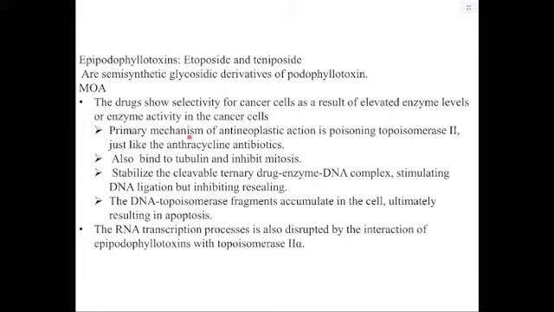So again, we are saying these drugs are specific for specific enzymes. They bind those enzymes, giving us a very stable complex. That complex gives us what we are calling the poisons, and those poisons will cause cleavage of the DNA. The RNA transcription process is also disrupted by the interaction of the epipodophyllotoxin with the topoisomerase 2 alpha.